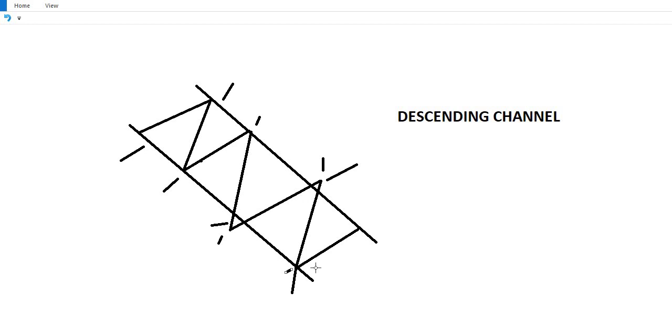Secondly, in this phase of the move, the market is forming full bullish candlesticks.